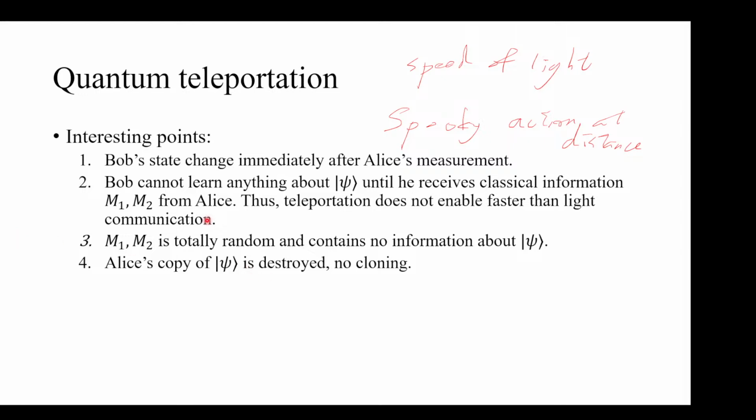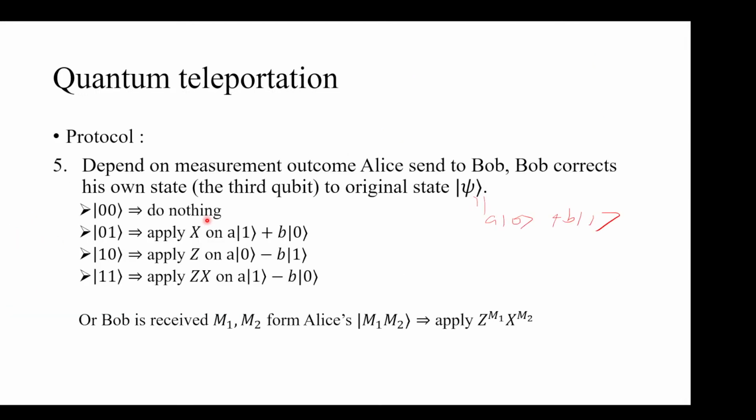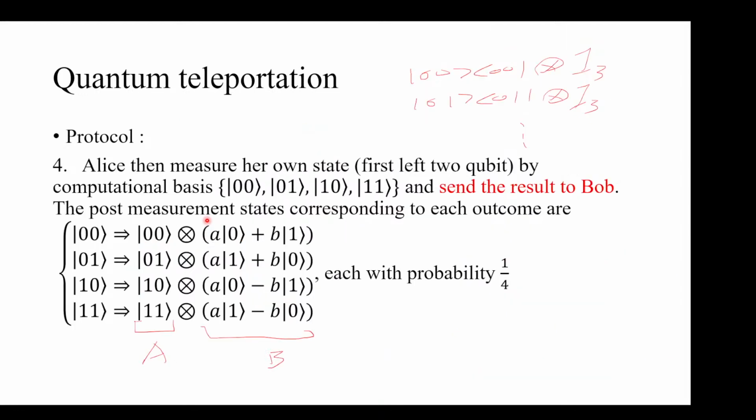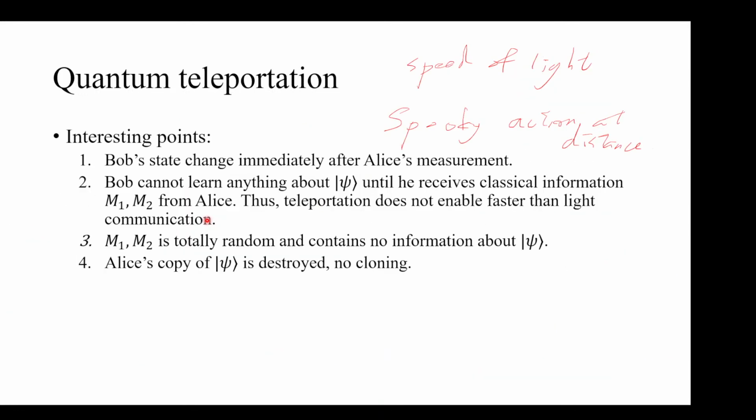Remember that when we have this Alice and Bob model, we didn't say anything about their distance. So Alice and Bob can be really far away. Maybe Alice is on Earth and Bob is on Mars. But in terms of quantum mechanics here, we think that the states are changing immediately. So how does this not break Einstein's relativity, where Bob's state changes faster than the speed of light?